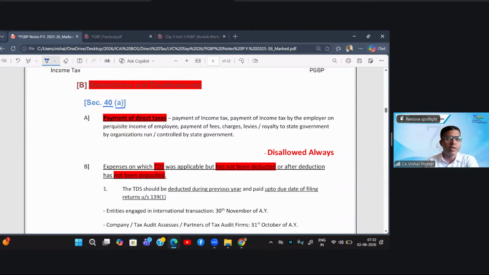Now you have commonly seen in your trading P&L account debit side, many times taxes are debited because while running business you are paying taxes, so it is an expense which you debit.